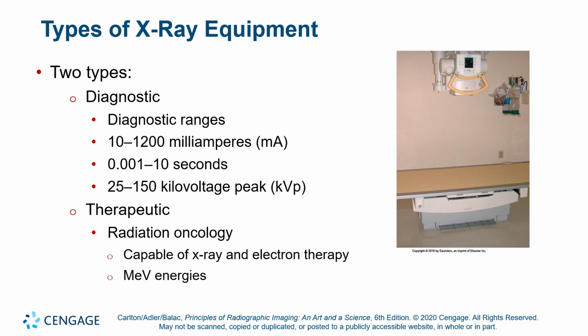Honestly, there's not much difference, unless you're talking about an extremely hypersthenic person, and even then, given the amount of scatter radiation you're generating, 130 versus 150. If it's not going to be penetrated at 130, you're not really going to see it better at 150. You really aren't, because you're generating so much scatter at that point that it's virtually non-diagnostic.